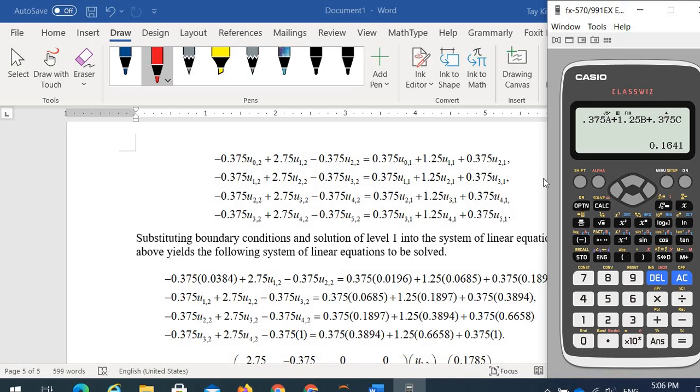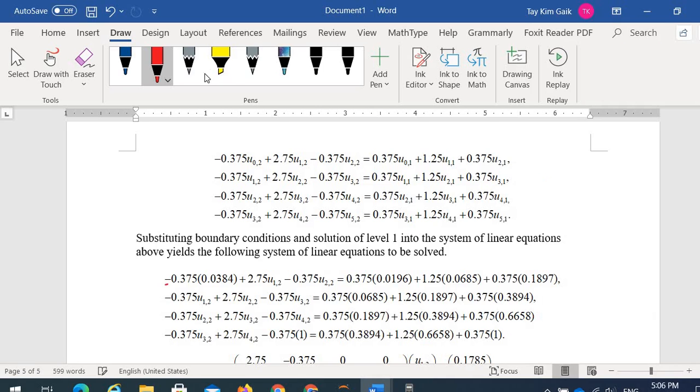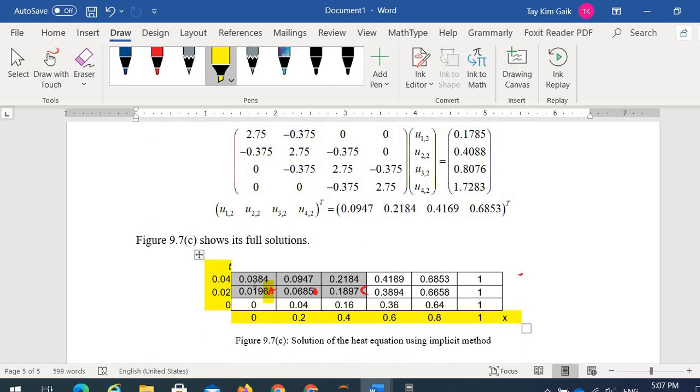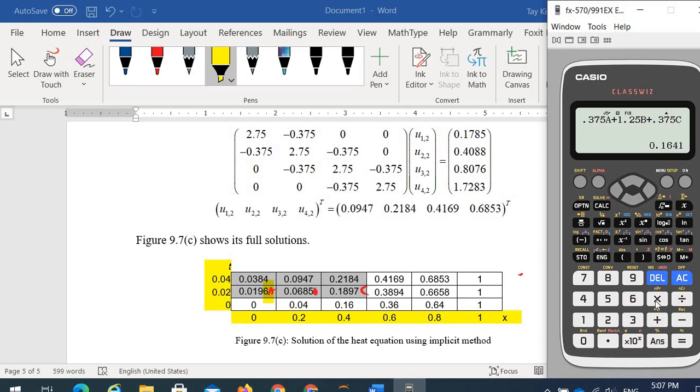First equation, you need to add up this term: negative 0.375 U02. U02, the value is 0.0384. And then apply the molecule. Okay, this is negative 0.375 times this value. So you need to add back plus 0.375 times this value, 0.0384.